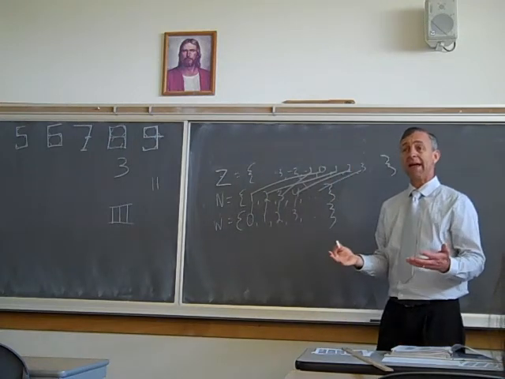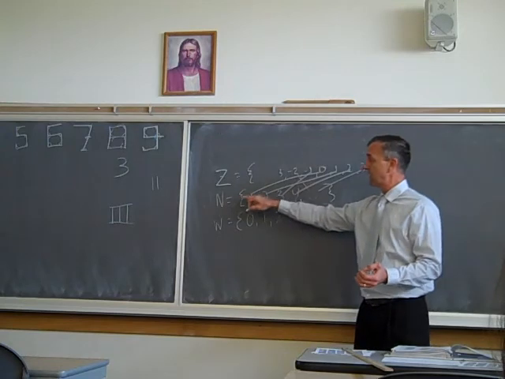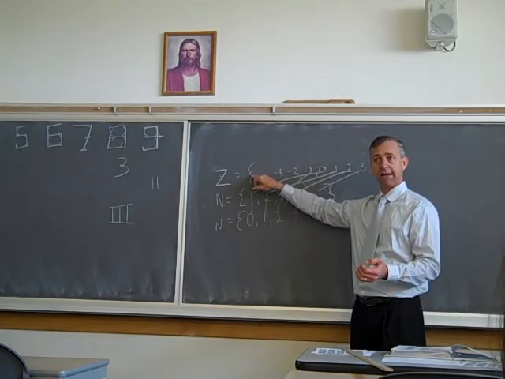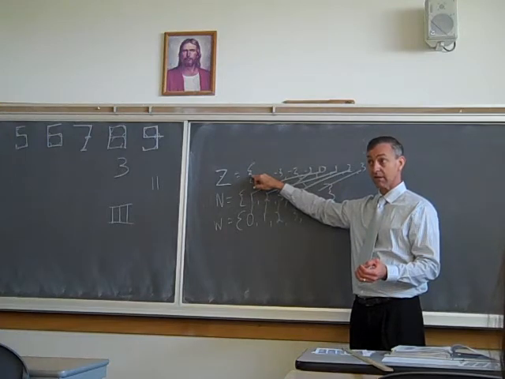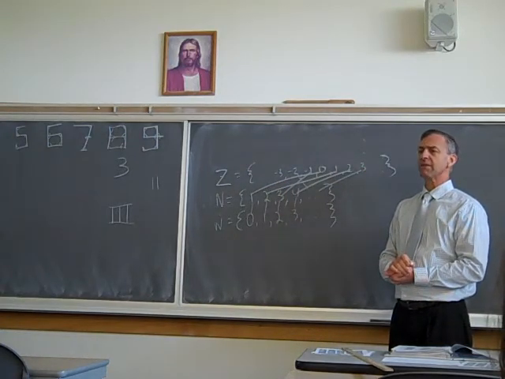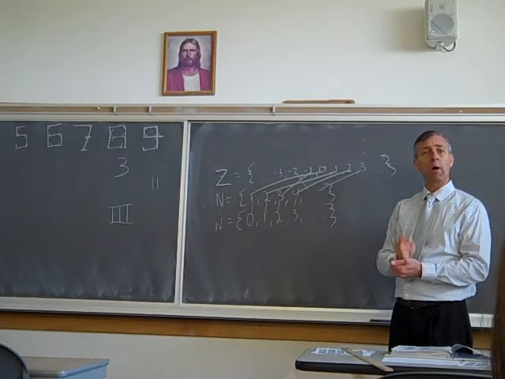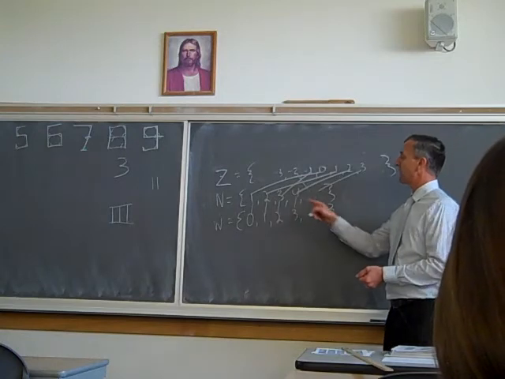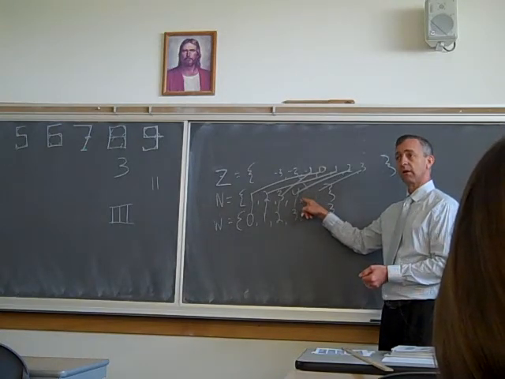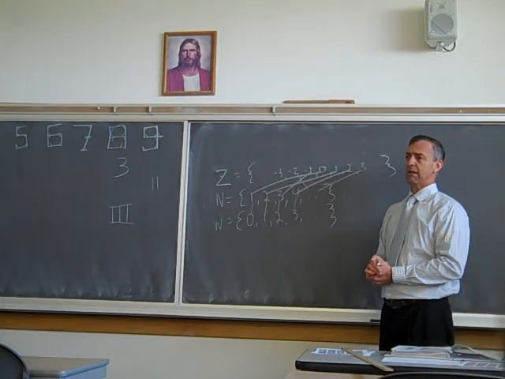Could I go on matching them one to one so that every element in the natural numbers got matched with exactly one element in the integers? Yes? Therefore, they have the same cardinality. Why? Because I can make a one-to-one correspondence with everything in here with everything in there. Does that make sense?